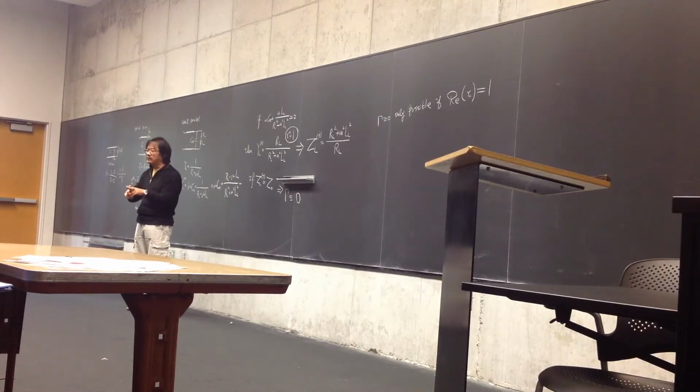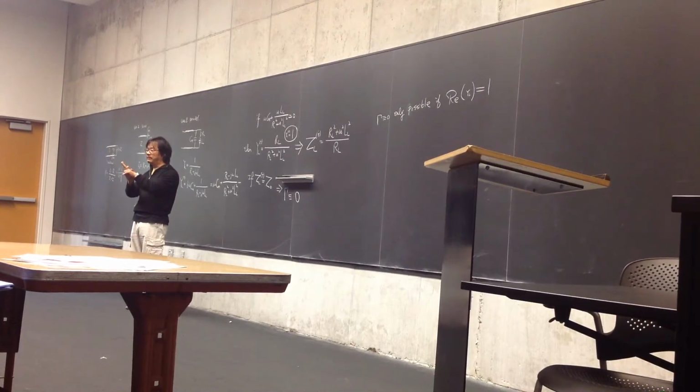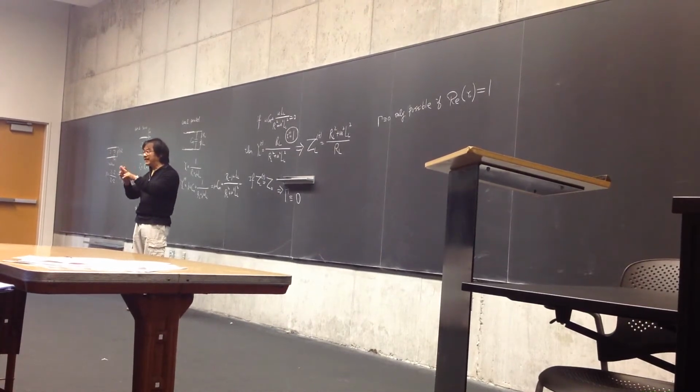And the real part of that admittance must be equal to 1. So you need to have these two conditions match. One is that at that location, the total admittance must be a pure real number. But pure real number is not enough. It has to be equal to 1.